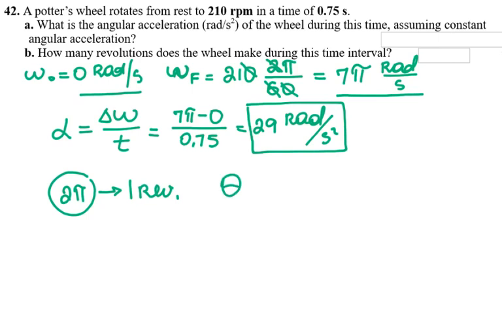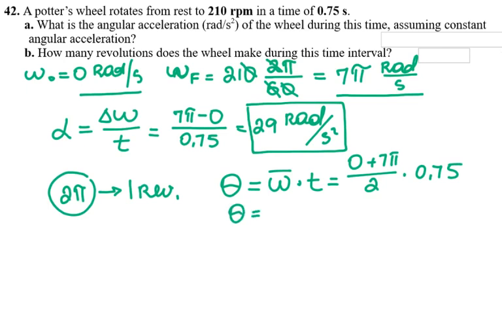So I need to find what angular distance I travel, which is average angular velocity times the time, and average angular velocity is 0 plus 7 pi divided by 2, and the time is 0.75.